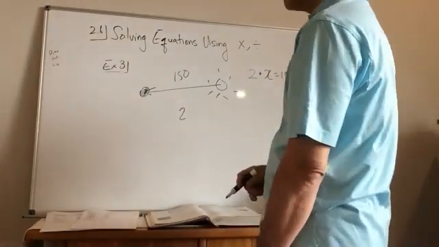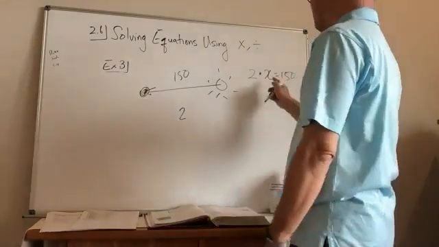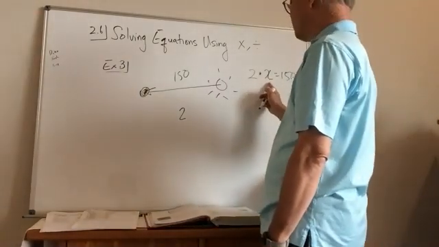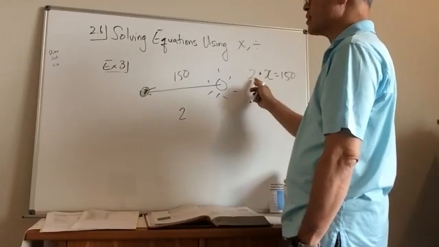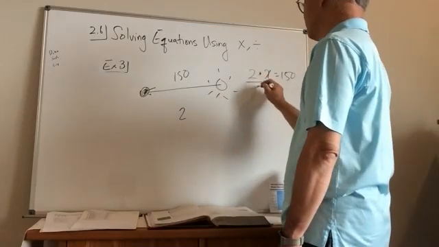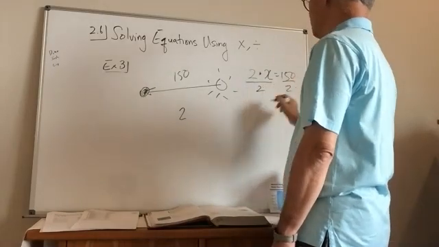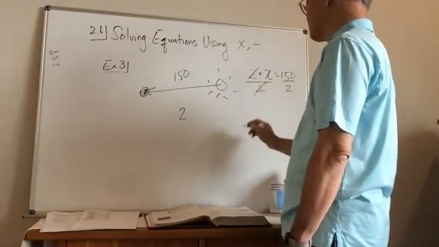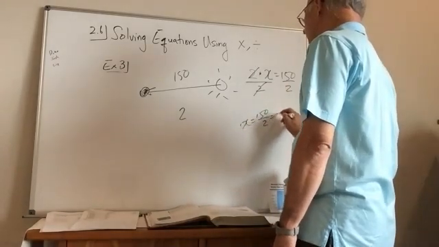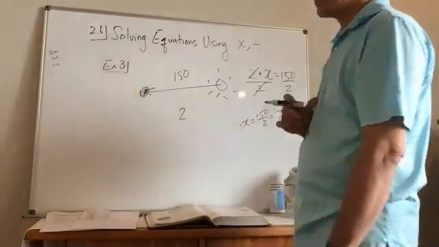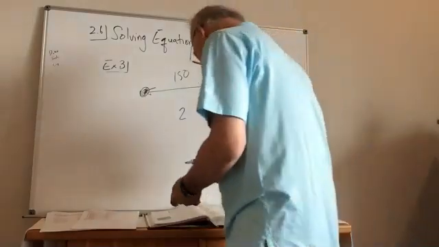And this is what I'm trying to solve. Again, I want the x by itself, so I need to get rid of the 2. The way to get rid of the 2 in front of it is to divide by 2. Now this and this cancel out. x is equal to 150 divided by 2, which is 75. So your answer is 75 hours.